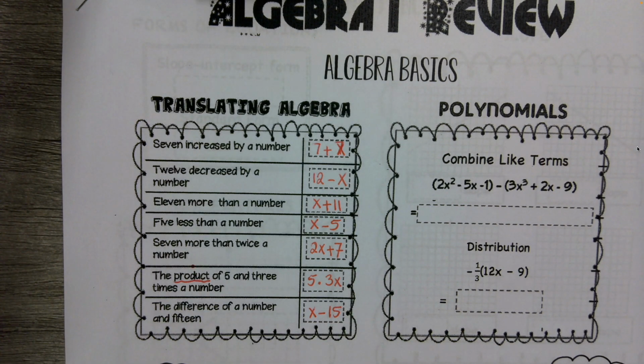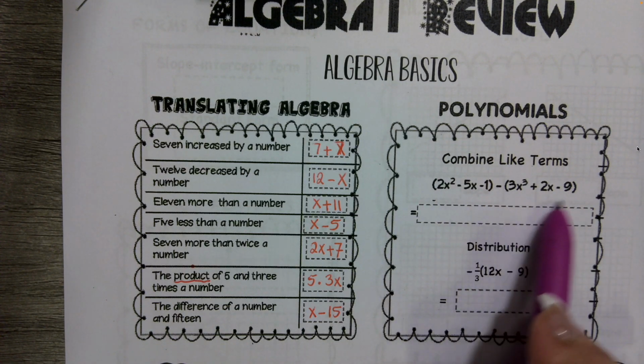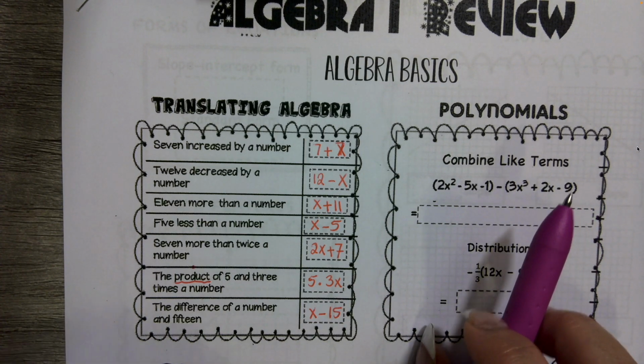Okay, let's talk about some polynomial rules when we have like terms and how we have to combine these like terms. So over here, the example that we have has a parenthesis subtracted from another parenthesis. So what do we do here?